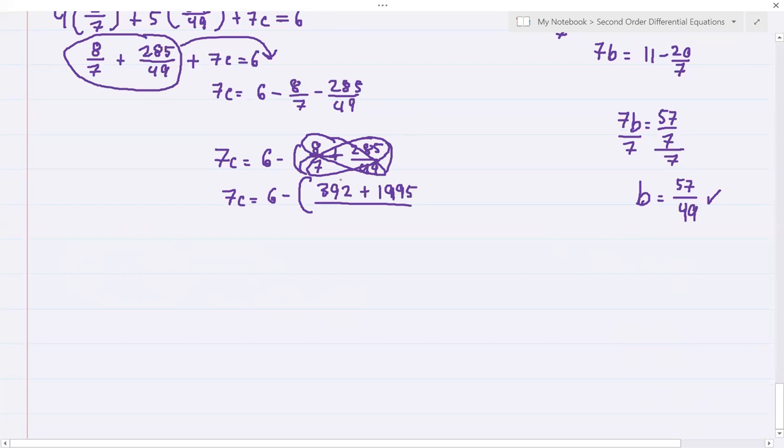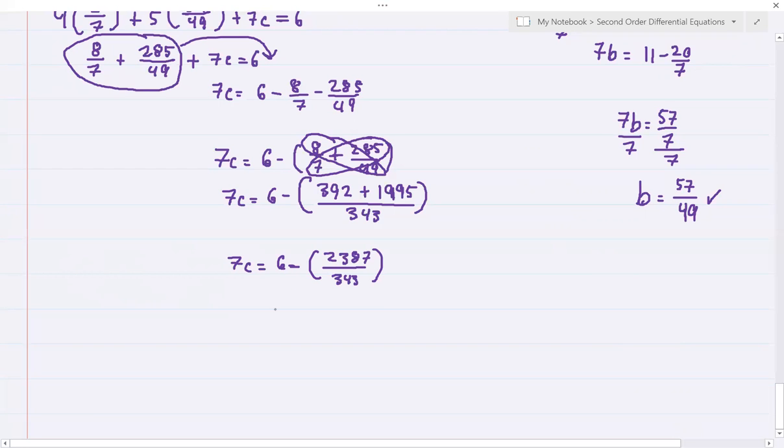All over, multiplying both denominators, 7 times 49 will give you 343. So combine the values on the numerator, we will have 2,387 all over 343.